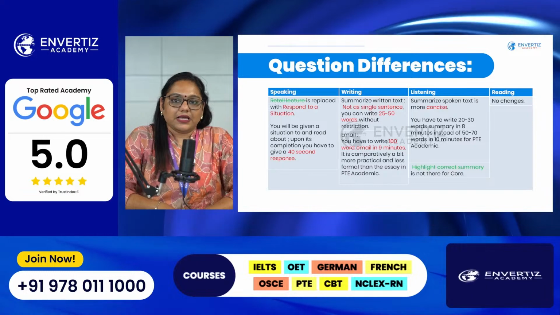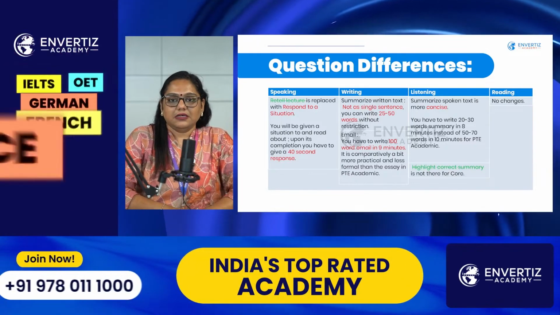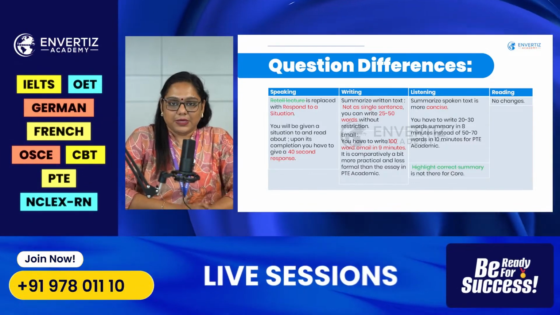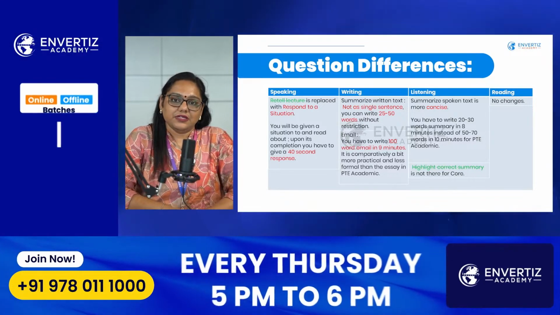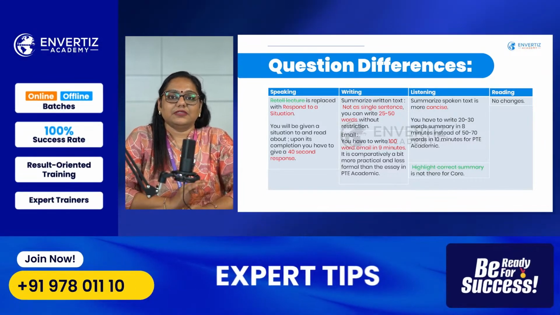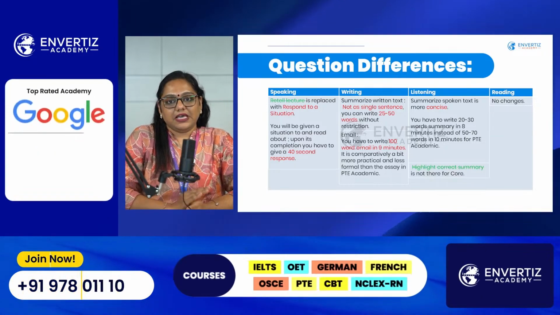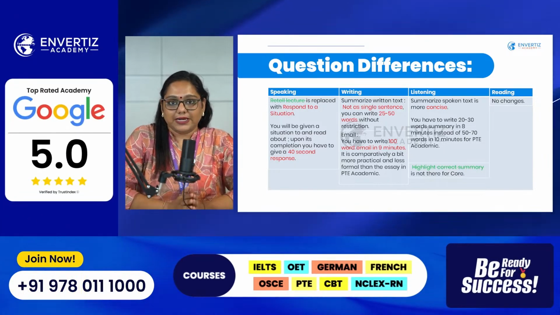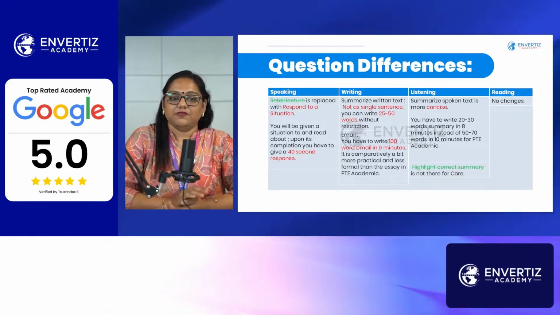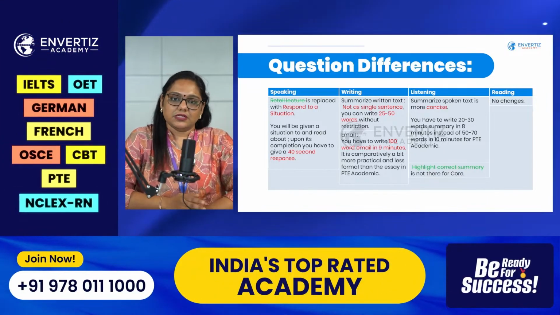When it comes to writing, we have two tasks here. Summarize written text, we have it here as well. But the difference is that we do not have a sentence restriction. In academic, we have to summarize the whole text in one sentence, in 50 to 70 words.